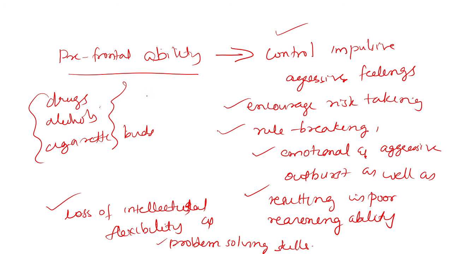Damage of the prefrontal cortex because of any head injury, disease, or environmental toxins can also contribute, so that they will lose the ability to think properly. That is also a cause for antisocial or criminal behavior.